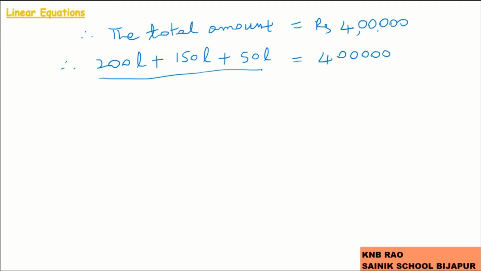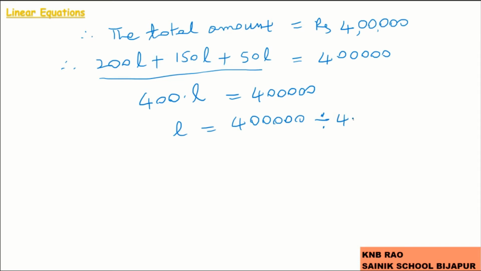So the sum of these 3 like terms is 400L equals 4 lakh. So 400, which is a multiplicand here, transposed to the right hand side becomes divisor. On simplification, you will get 1000 as the L value, that is the ratio constant value.